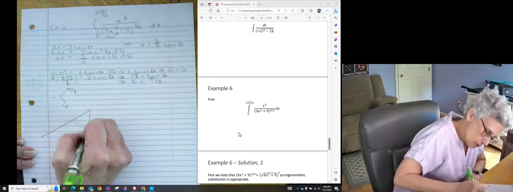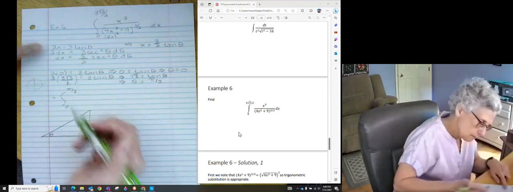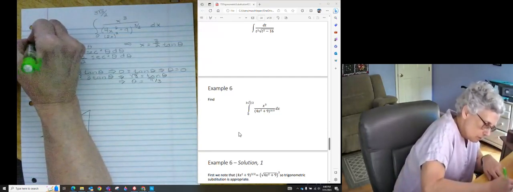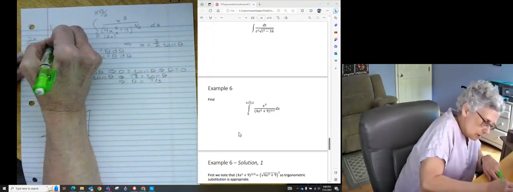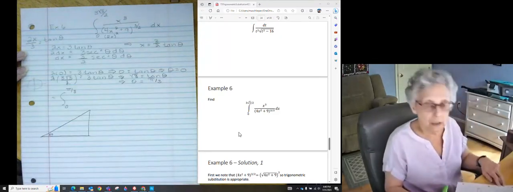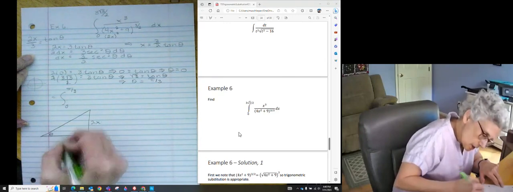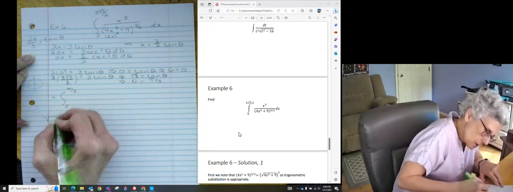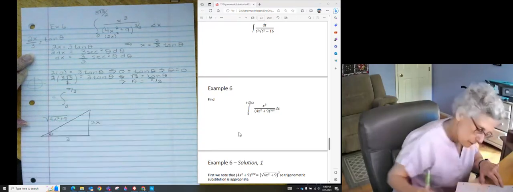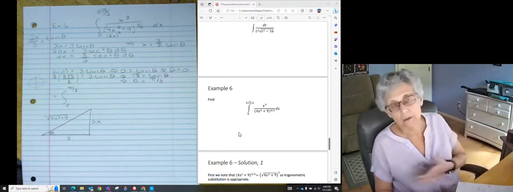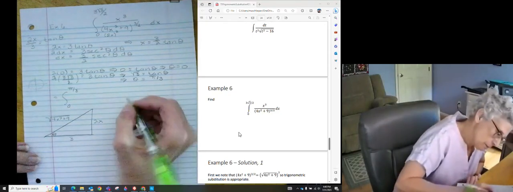Let's go ahead and draw our triangle. I have theta, and this means that 2x over 3 is equal to tangent of theta, so opposite over adjacent, and then the hypotenuse is equal to the square root of 4x squared plus 9. And you could always bring your x back and then just plug in those original numbers.